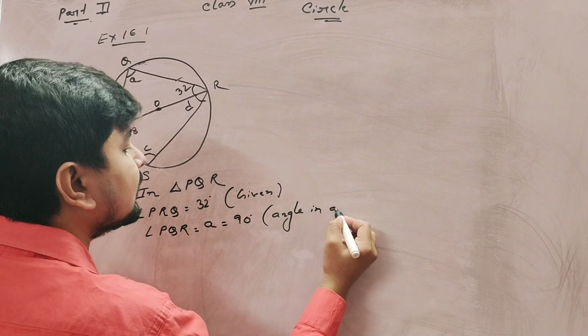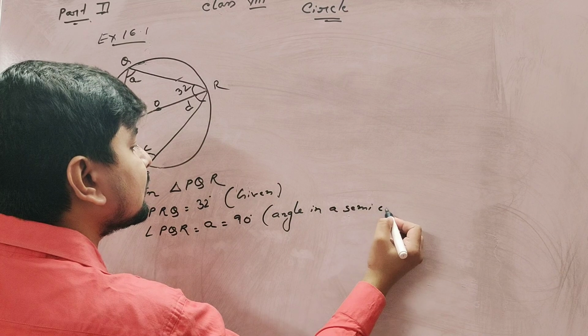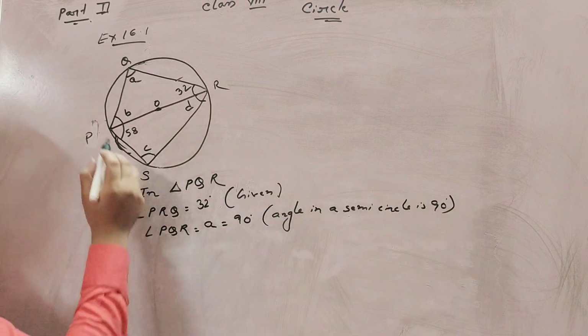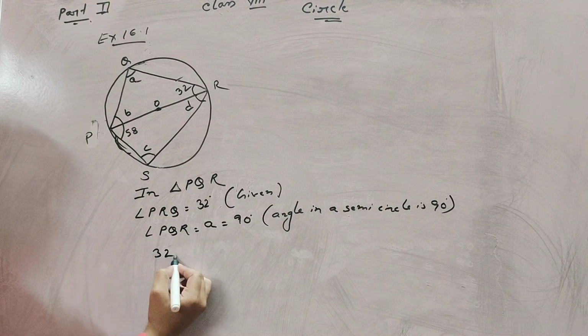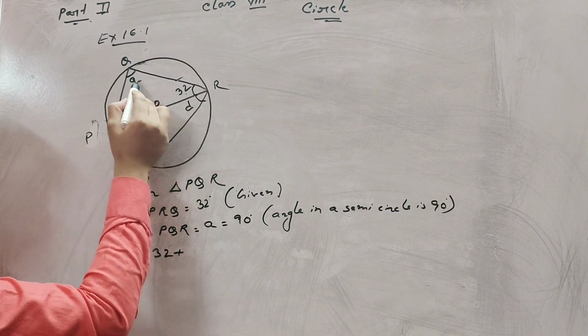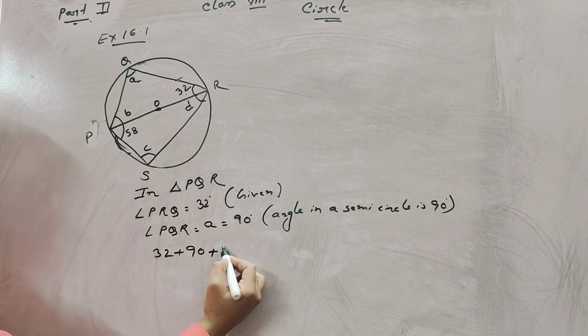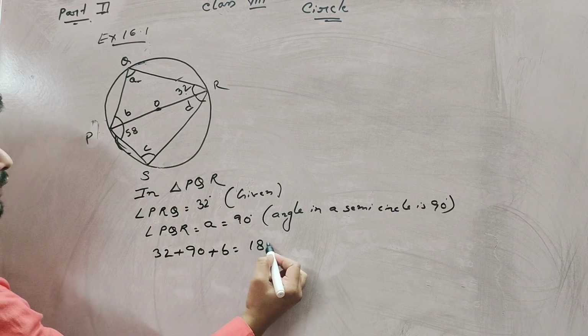Angle in a semicircle is 90 degrees. Done. So in this triangle, 32 plus A, in place of A we write 90, plus angle B equals 180 degrees.